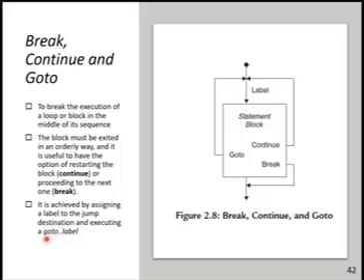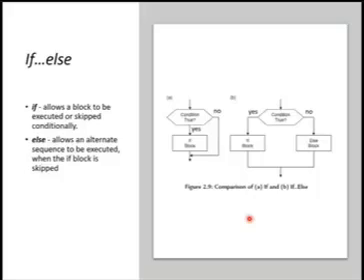New value 1, 1 plus 1 is 2. Do the same thing until the condition becomes false, and then you begin executing outside the while loop. Same goes for do while, but you can see here that the statement is executed first, including I equal to I plus 1, and then it checks the condition. If the condition is true, repeat. If the condition is not true, then go out from this looping.